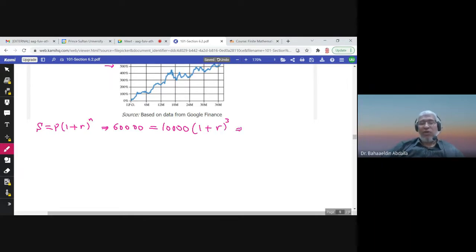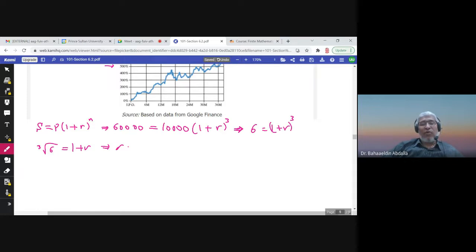To solve this equation for R, I divide first by 10,000. So 60,000 over 10,000, that's just 6. So 6 would be equal to 1 plus R to the power 3. And now what should we do? We take the cube roots of both sides.